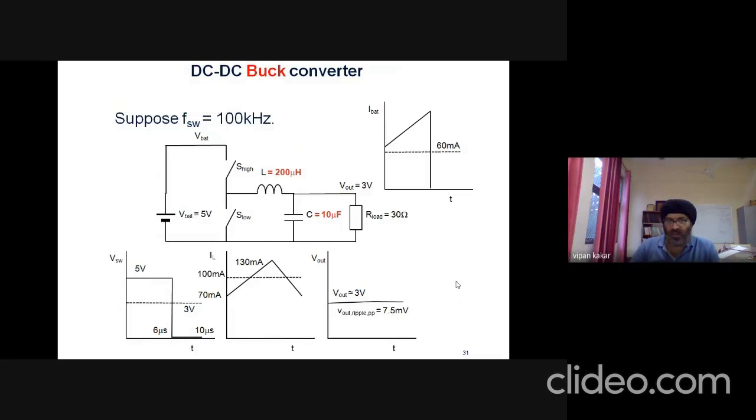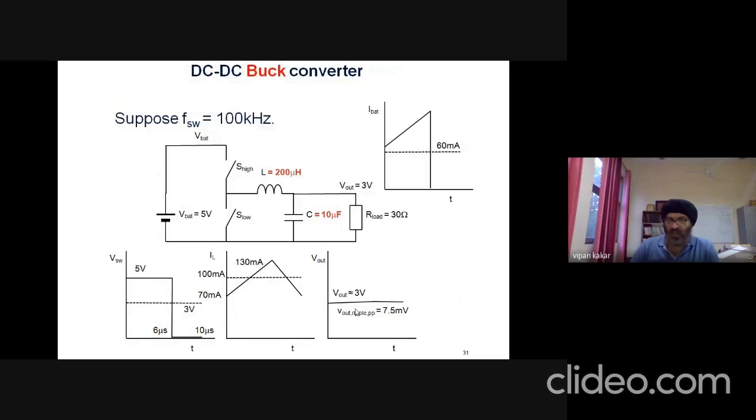Based on these values, we can find out the value of IL average and the maximum value of IL max, which is this 130 milliampere, IL minimum, which is 70 milliamperes, just using the same formulas we derived earlier. And we have already done 2-3 examples previously.